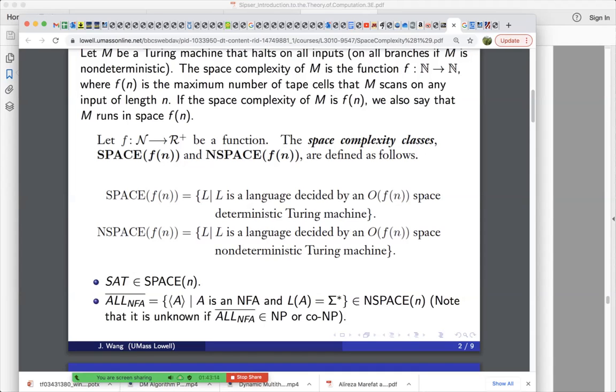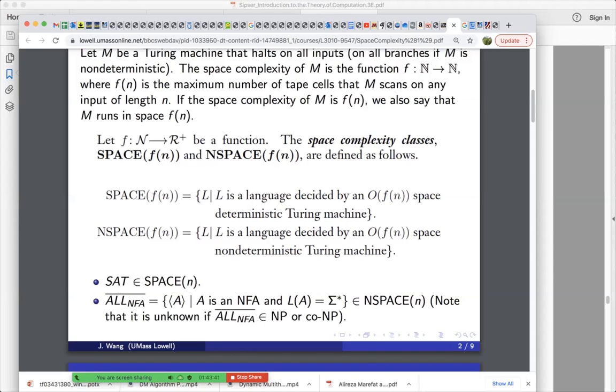Since this is non-deterministic, we have to guess a path, and that path will not be longer than the number of states. Hence that's linear space and non-deterministic.